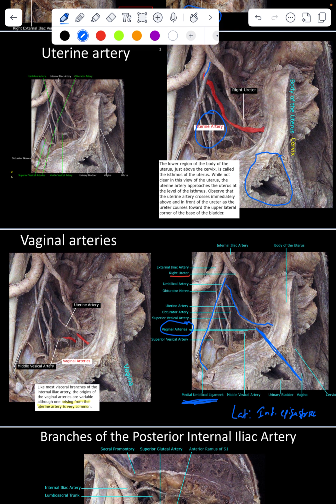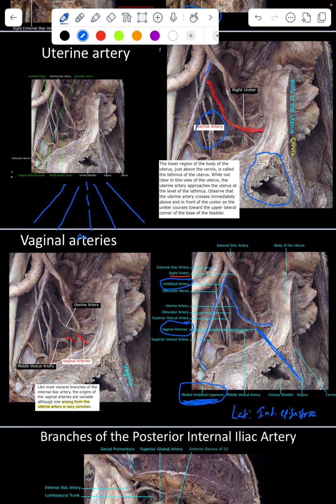Your umbilical artery also comes from something called a medial umbilical ligament, or it's like the medial fold in your abdomen. So if she asks where does the umbilical artery originate from, it's the medial umbilical ligament. So imagine you took apart your abdomen and you're looking at it from the back of the front. You would see these lines going across like this.